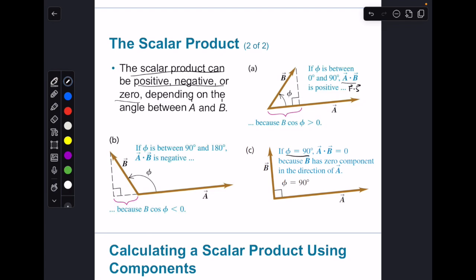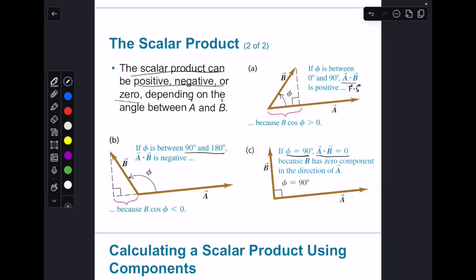Because when it is equal to 90 degrees, A and B are perpendicular and the dot product is 0. And then if B has a component that's pointing anti-parallel to A, in other words, the angle between B and A is somewhere between 90 and 180, then the dot product is negative.